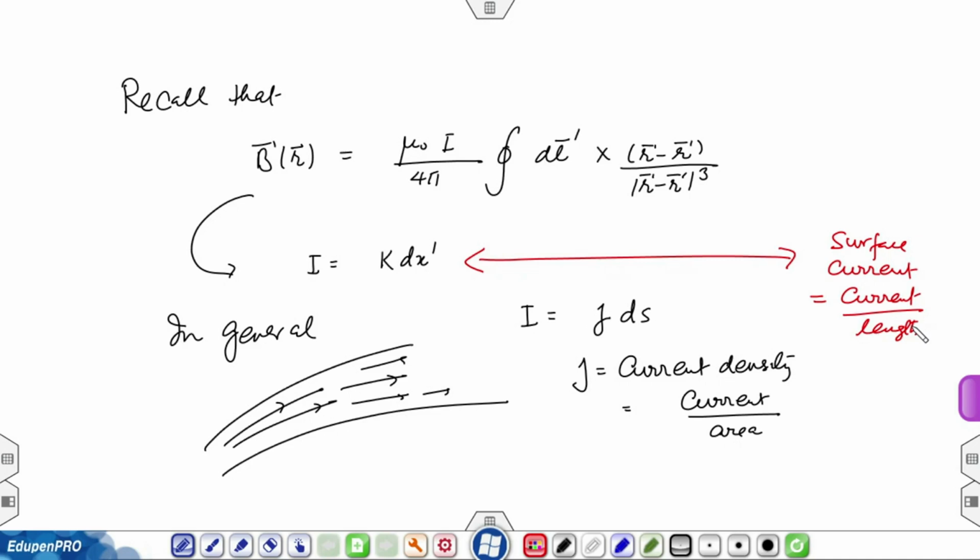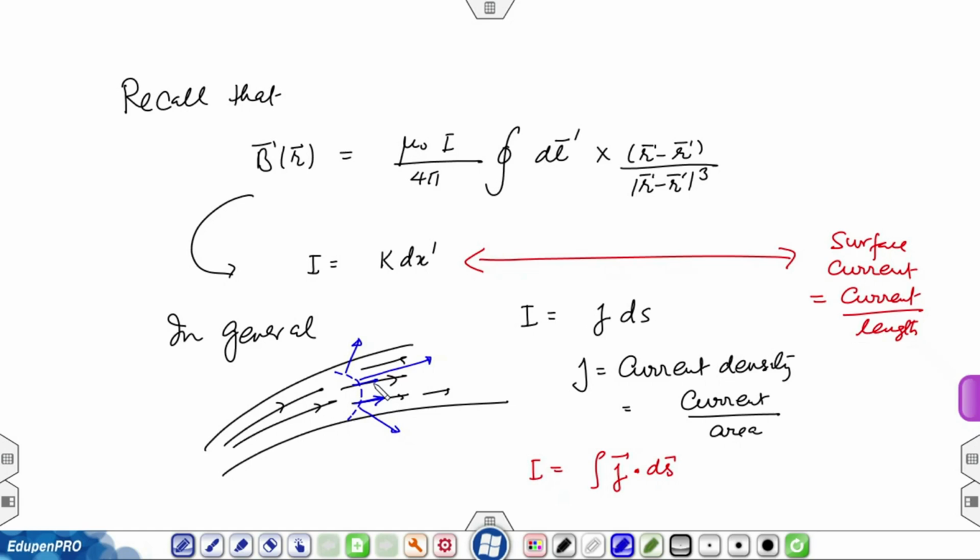We would like to write this as a vector quantity. So, we write I as equal to J dot ds integrated over the cross sectional area. So, for example, here I could have this cross sectional area like this, right. So, at this point S will be pointing this way, at one point it will be pointing this way, at one point it will be pointing this way, but the current is flowing in this direction. So, the dot product gives you that right answer, the projection of the area perpendicular to the current.